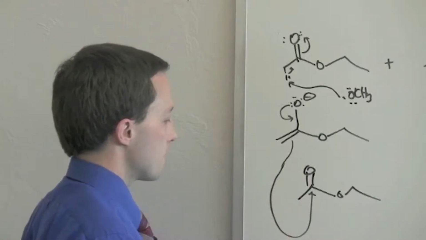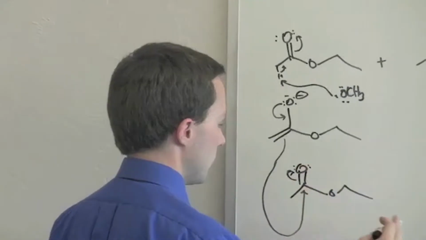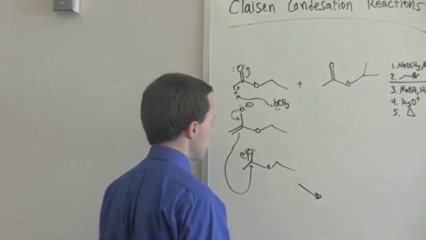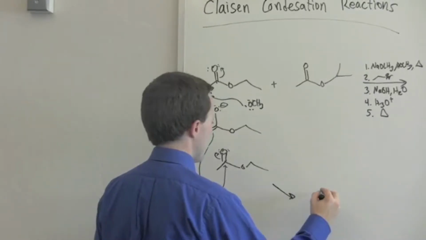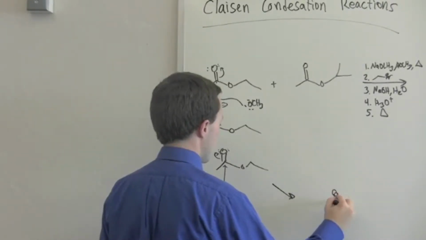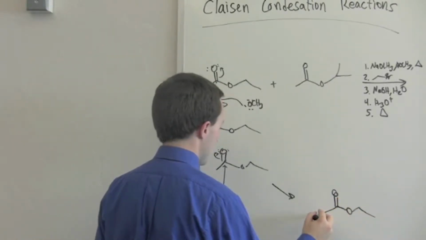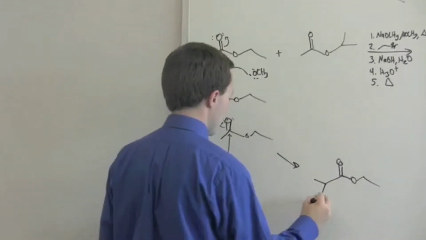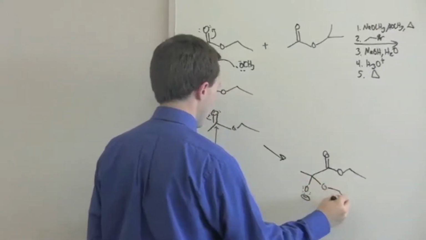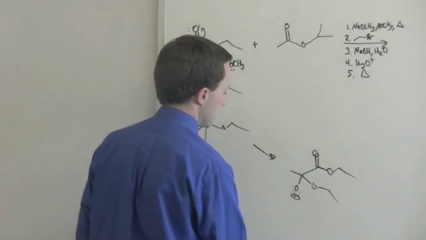Now, it'll cause this bond to break then, the other weakest bond, the pi bond in the carbonyl. And so then what we see as products for this reaction are as follows. Now, oh, that's wrong.